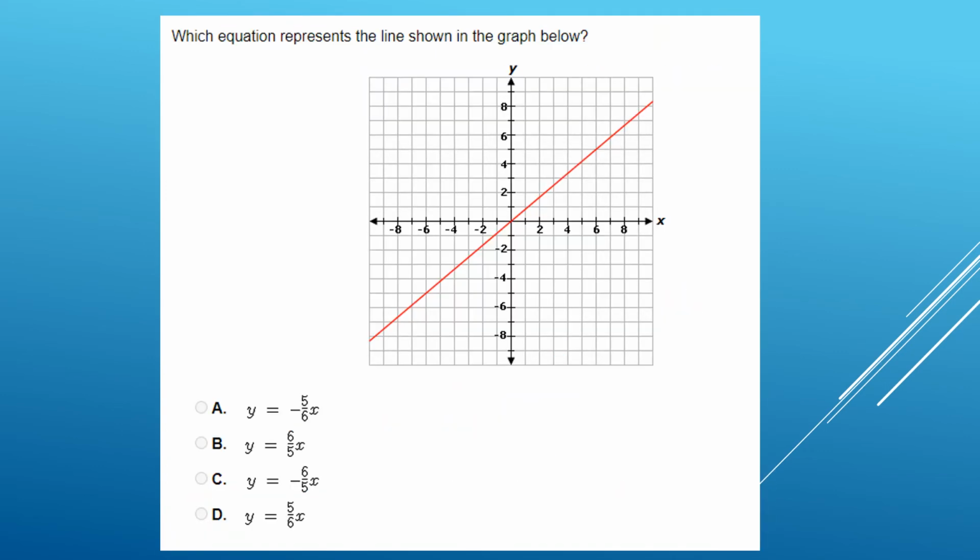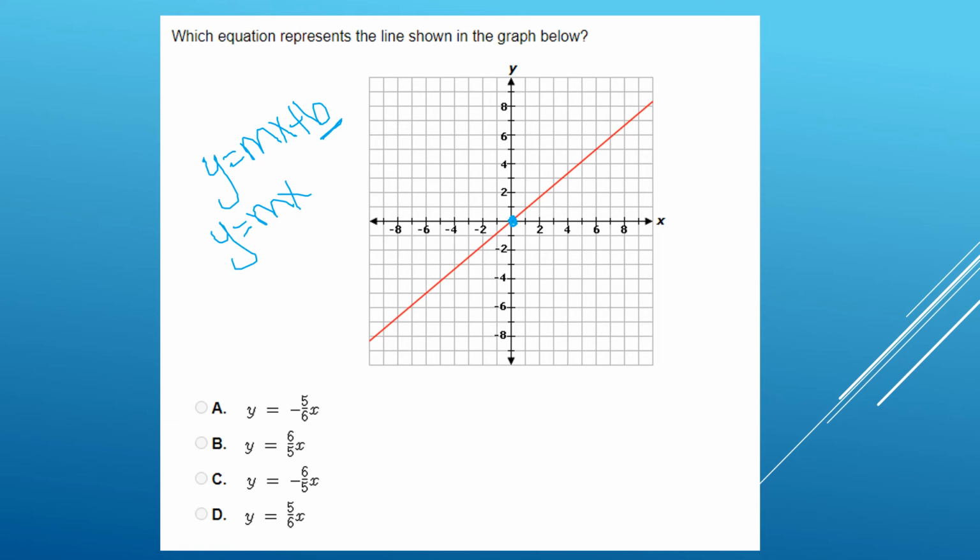Okay. Which equation represents the line shown in the graph below? So I'm going to start with y equals mx plus b. The b is your y-intercept. The y-intercept here is at the origin, so that b is going to be a 0, which just makes it y equals mx.